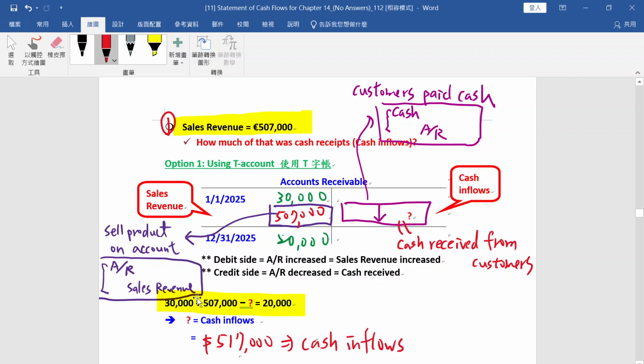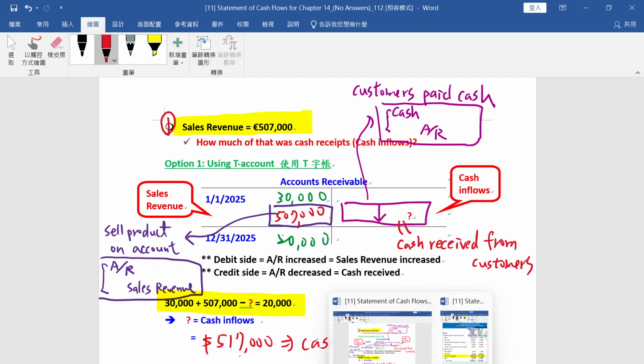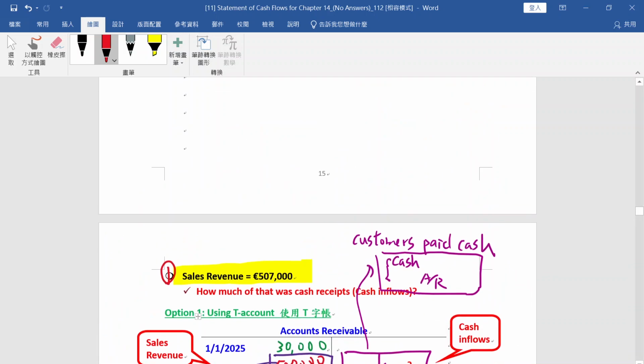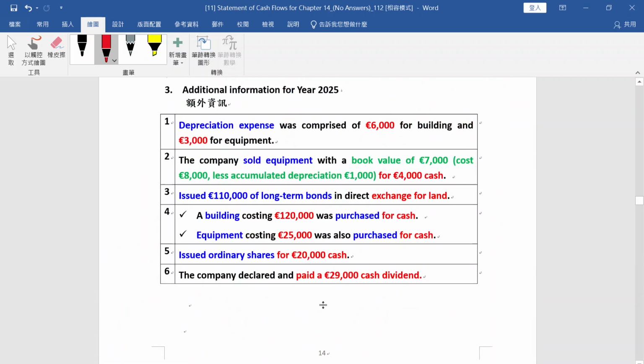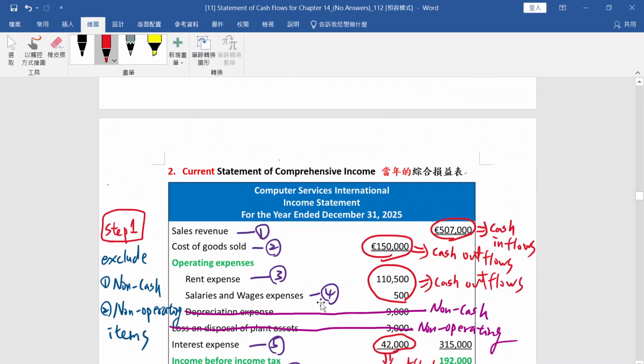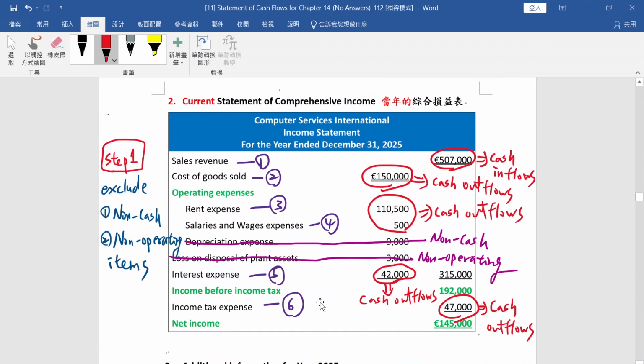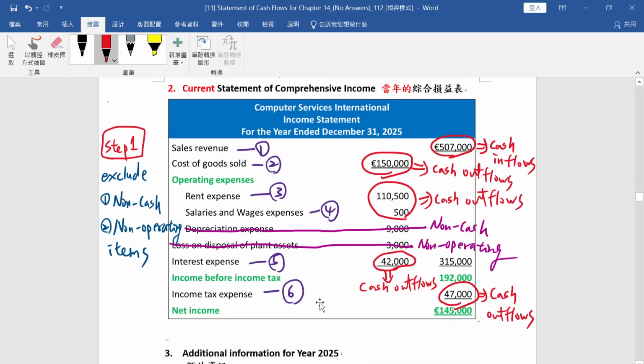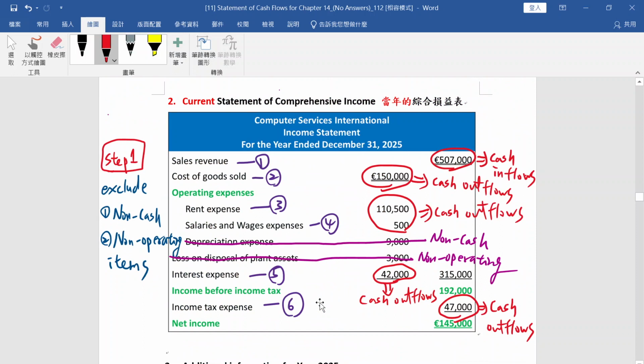So what's the second one we have? Second one, based on cost of goods sold, the number is $150,000. Okay? So on your note page 17, the second item is based on cost of goods sold.